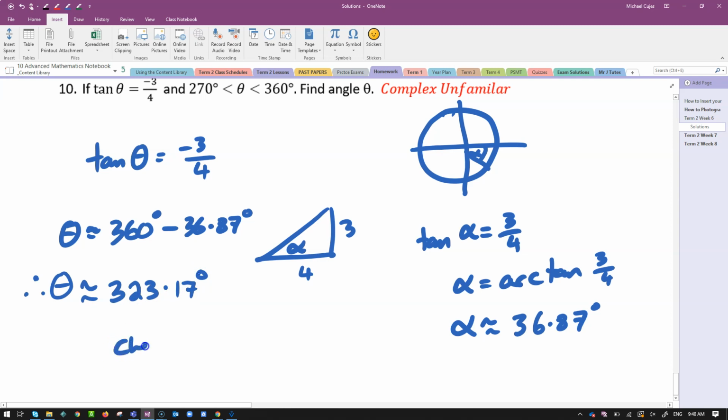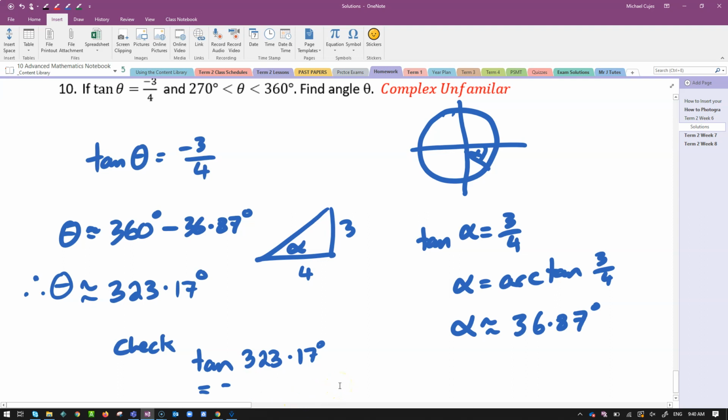Because it's just below the 360 degrees, you do 360 take away 36.87, and that gives you your angle theta, which is the correct solution for this problem because of what we call the domain, which is 270 is less than theta, which is less than 360.